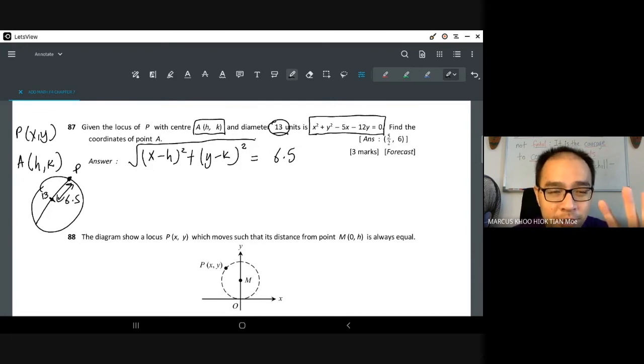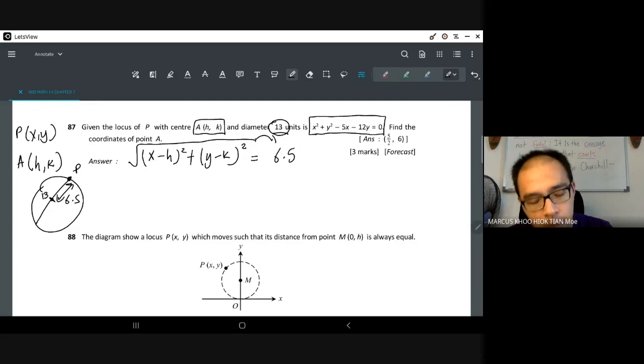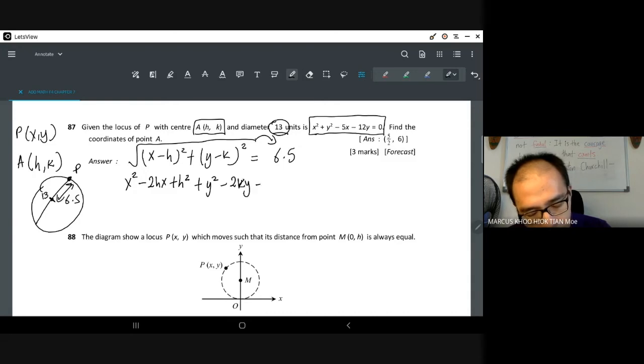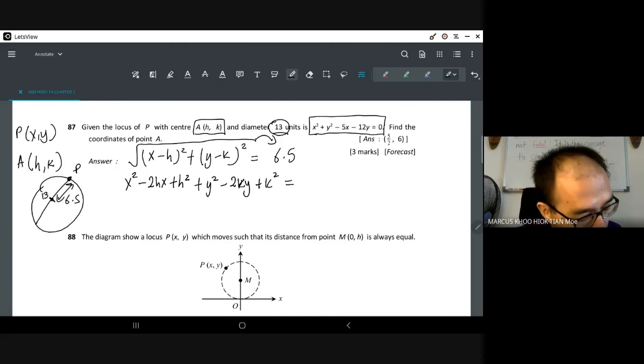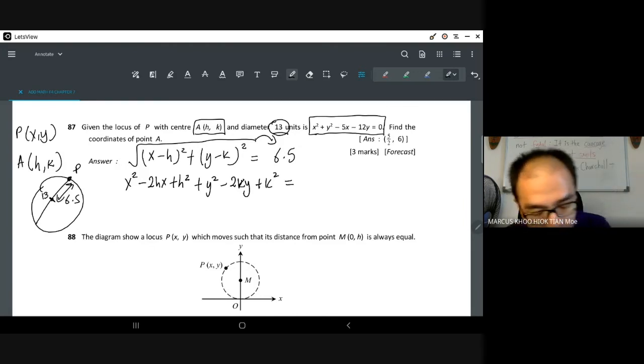So absolutely can one. Same thing, move the square root across. So you get x minus h squared. Oh, sorry, you know what? Let's immediately do this. x squared minus 2hx plus h squared plus y squared minus 2ky plus k squared equals 6.5 squared, which will give you 42.25.